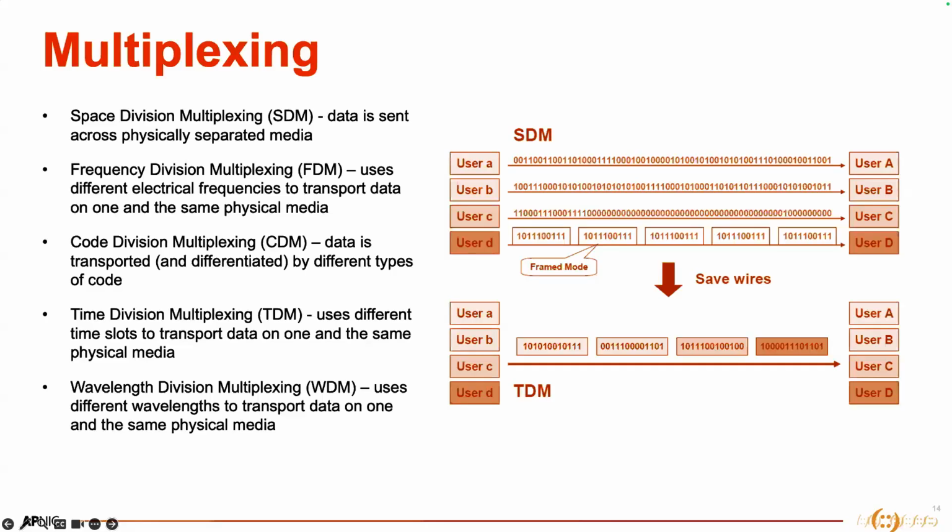So when we talk about frequency division multiplexing, we are basically working with the frequency of the wave, the data we are transmitting from source to destination. For wavelength division multiplexing, we are working with the wavelengths of the wave, not the frequency.